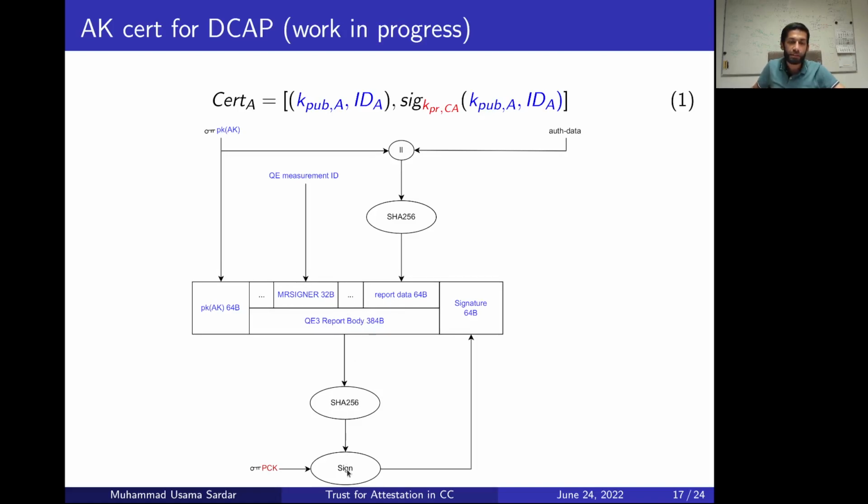The signatures are done using the PCK, which is the certificate authority of the quoting enclave. Sorry, the PCE is the certificate authority of the quoting enclave, and the corresponding key of the provisioning certification enclave is this PCK, the provisioning certification key. And then the signatures are a part of this structure, and this structure, which is a part of the quote itself, we believe is what Intel calls the AK certificate.